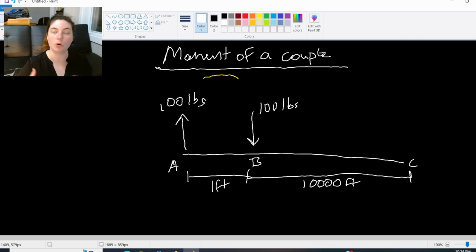The idea with a moment couple and a free vector is that you can take the moment about any point along this beam, and the moment couple is going to give you the exact same result.